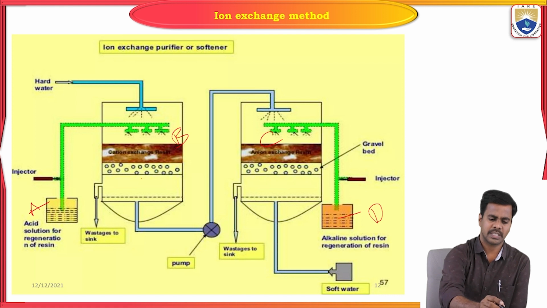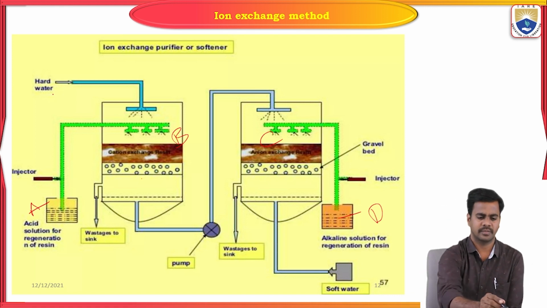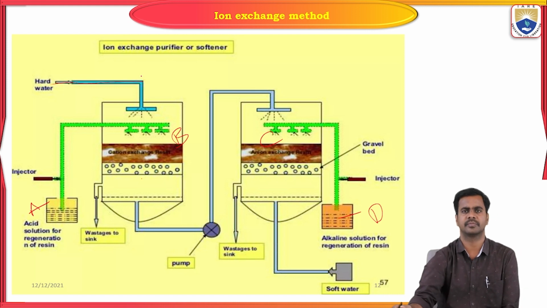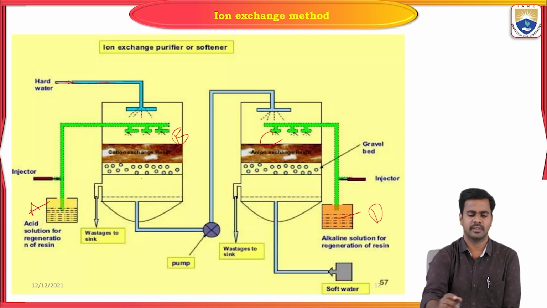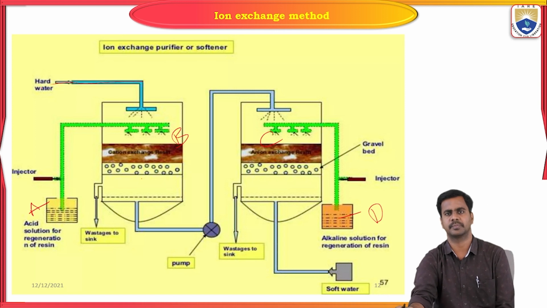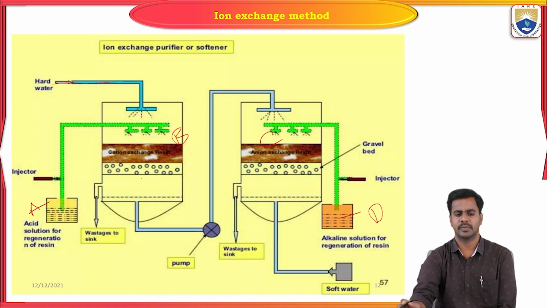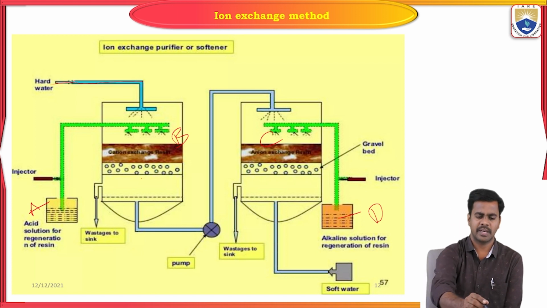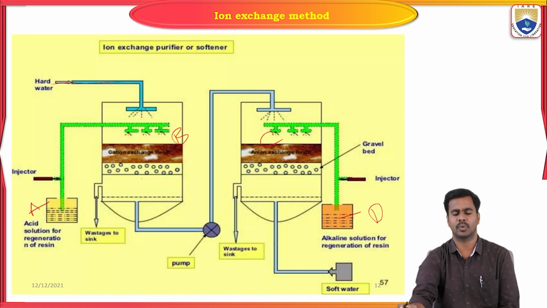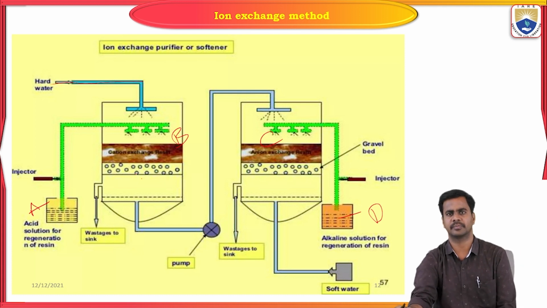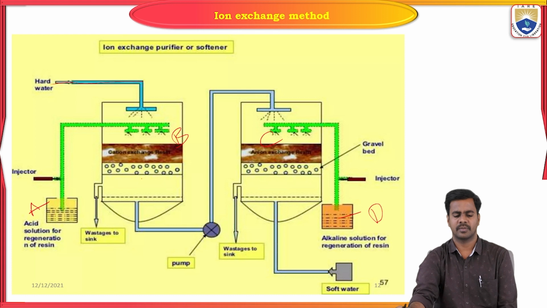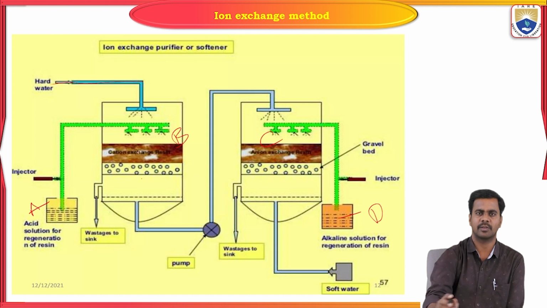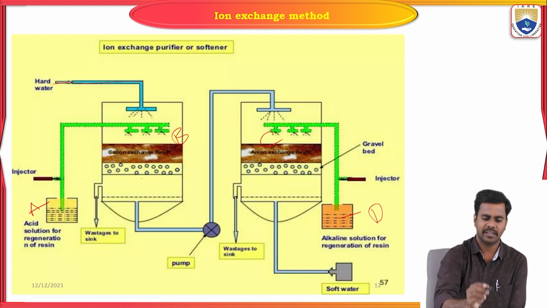So when you are passing hot water through the inlet which is provided at tank B, when hot water percolates through the cationic resin, whatever cations present in the hot water are replaced by the cationic resin.